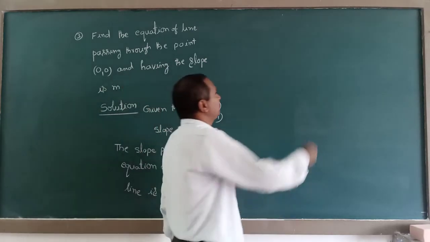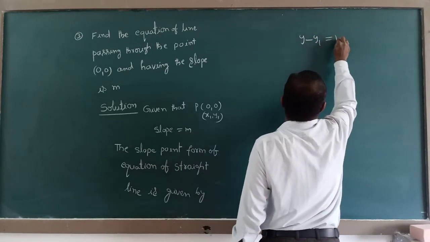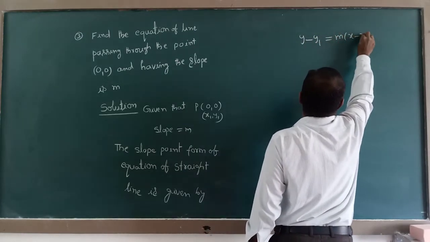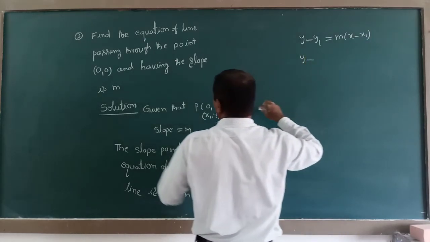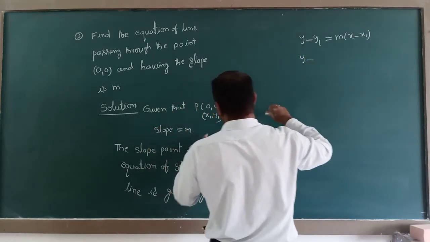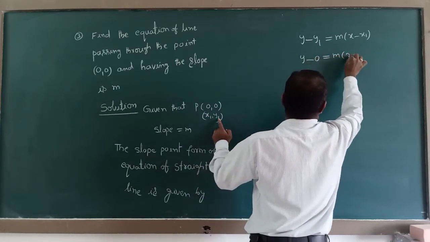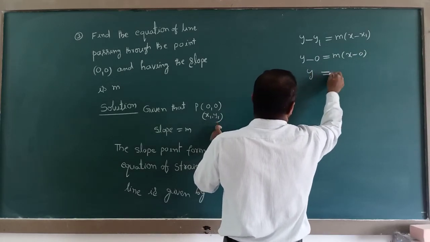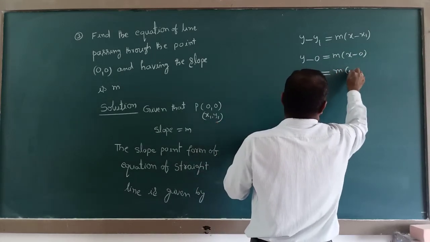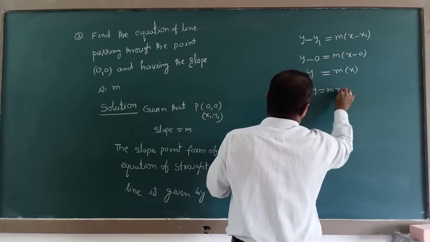y minus y1 is equal to m of x minus x1. Here y1 is 0 and x1 is 0. So y minus 0 is equal to m into x minus 0, that is y is equal to mx.